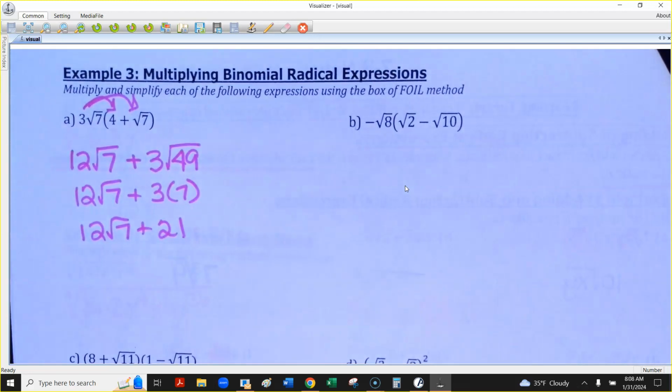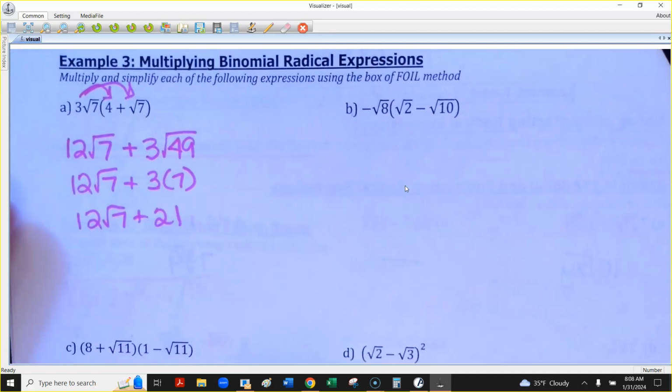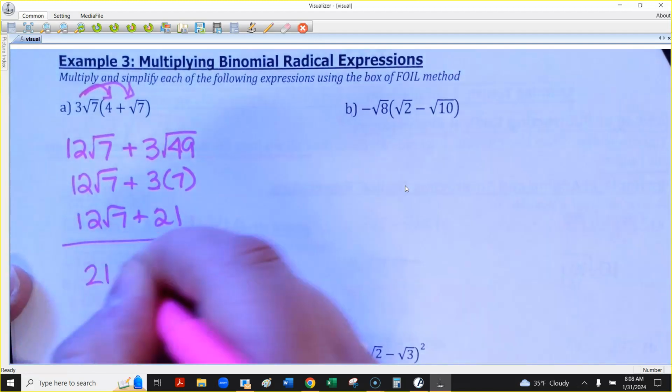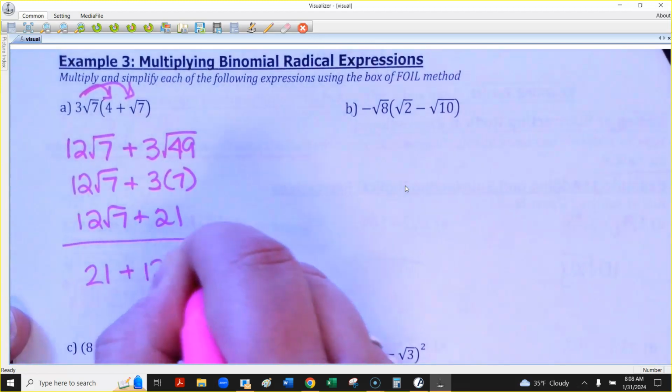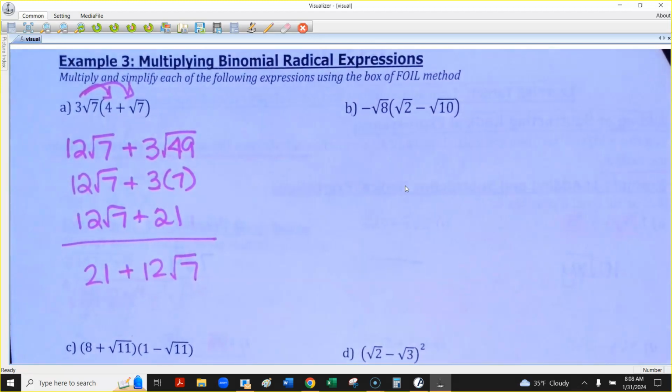Now, I would totally take that as an answer. What I want to tell you really quickly, though, the preference would be, in that situation, if you have a plain number, like I have the 21, put that in front of the term that has the radical. And the reason that's a little bit more accepted notation is only because sometimes people get confused and they'll think like that plus 21 should be under the square root when it's not.